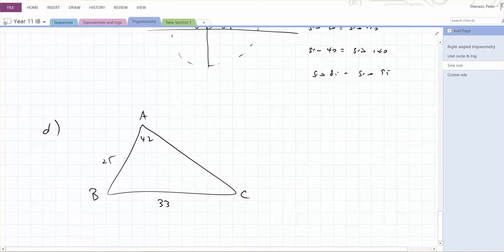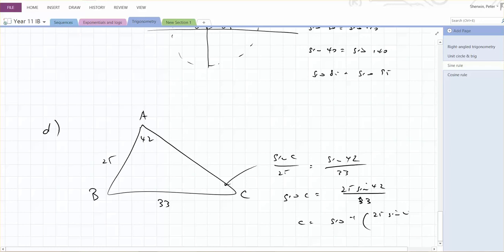Now in this case, angle C has to be less than angle A because side C is less than side A. So in finding out what C is, I go sine C over 25 is equal to sine 42 over 33. So sine C is equal to 25 sine 42 over 33. So C is equal to sine inverse of 25 sine 42 over 33.